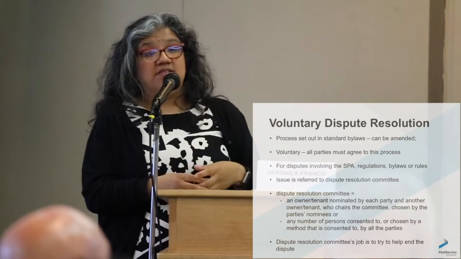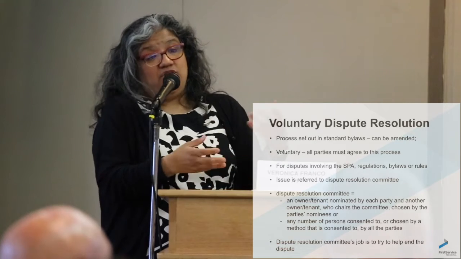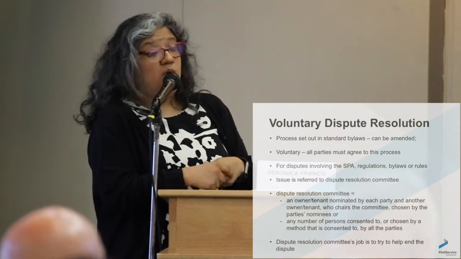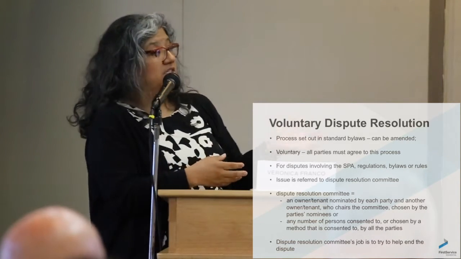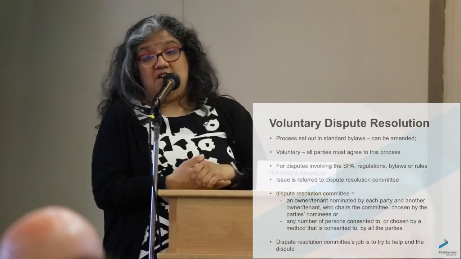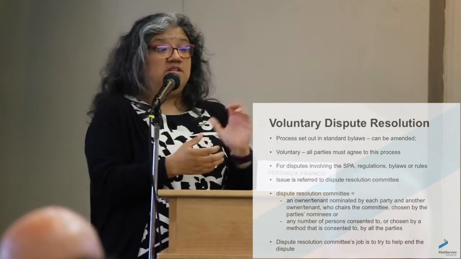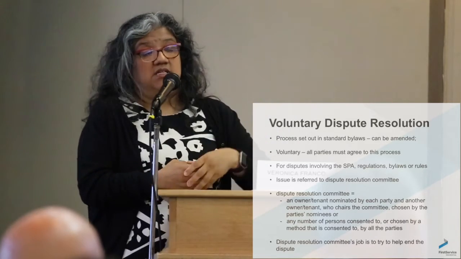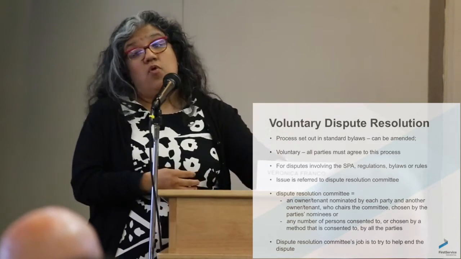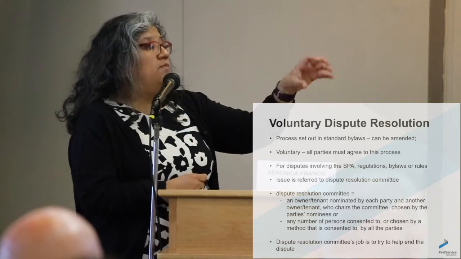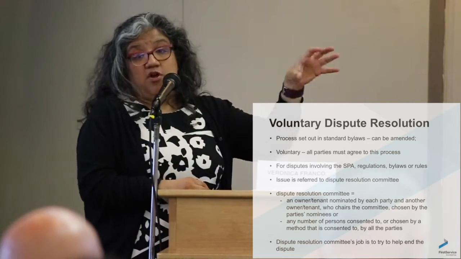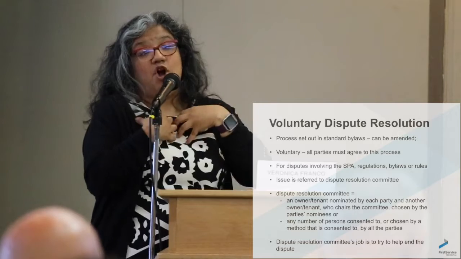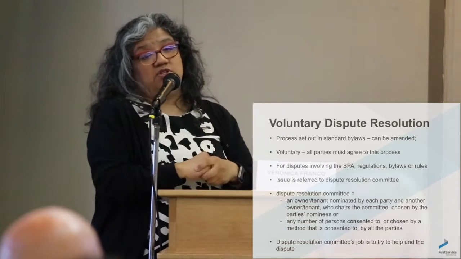And what happens is, if there's a dispute, somebody would contact the council, for example, and say, I want to resolve this dispute through the voluntary dispute resolution. And if the strata corporation says, okay, we'll agree to that, then the party who suggested it to the council would say, I want to appoint Jane Doe, who is an owner in the complex, to be my nominee on the dispute resolution committee.